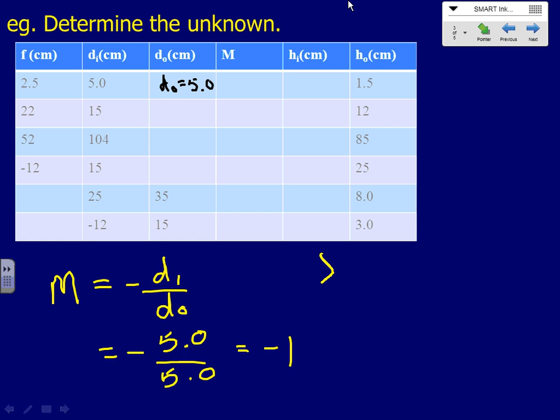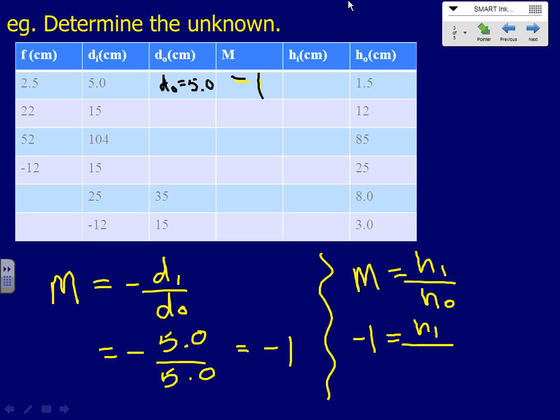Let's now find the height. M is equal to HI over HO. Here, I'm going to put a -1, except that's the bad color. -1 is equal to HI over 1.5. We're not going to use any fancy inverse anything for this, we're just doing straight up math.